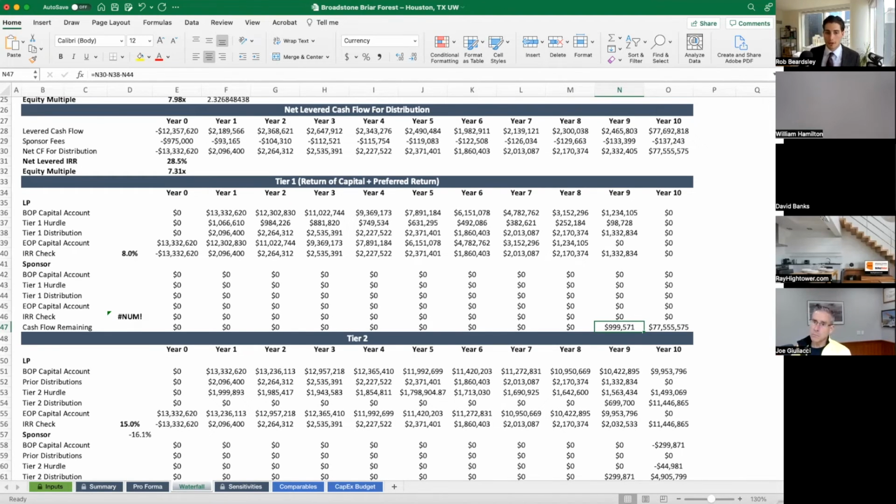Well, the sponsor is going to earn a promote in year 1. But let's say something bad happens with the property or the market, and in year 2, there's only 5% distributions, right? The sponsor is not going to give back the promote they took in year 1, and they're not going to earn a promote in year 2 because the year 2 cash flow is 5% and the pref is 8%.